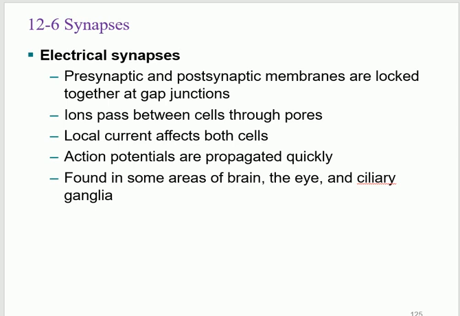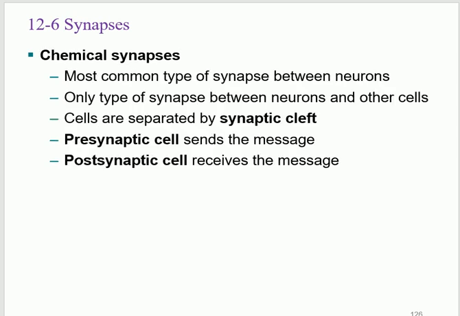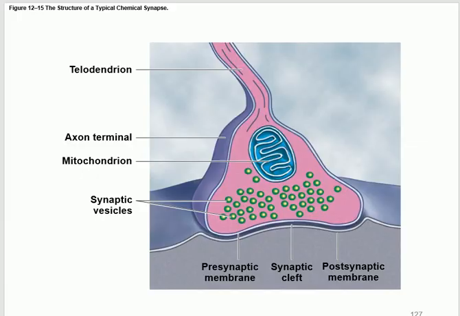Electrical synapse is an exception. Where? Brain, eye, ciliary ganglia. How about the chemical? Everywhere else. This is the exception, so you need to remember this. Chemical synapses everywhere else, and this is where we have the presynaptic, the postsynaptic, and in between, the synaptic cleft.